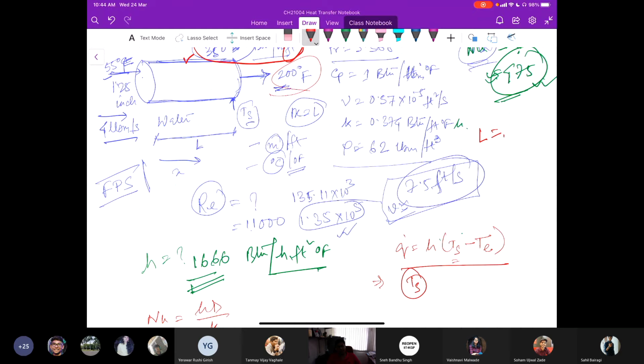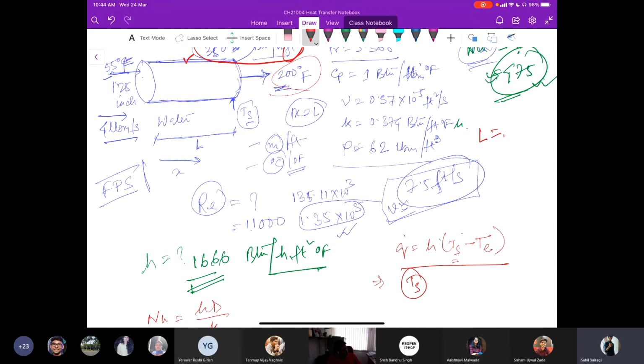Here m dot is directly given, 4 pound mass per second. Cp is 1. The delta T is 200 minus 55. And Q dot is 350 into 3.41 BTU per hour.